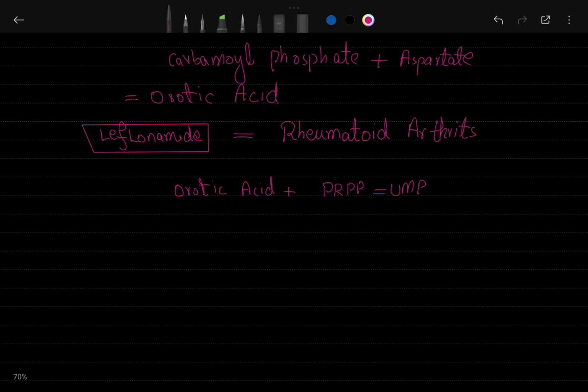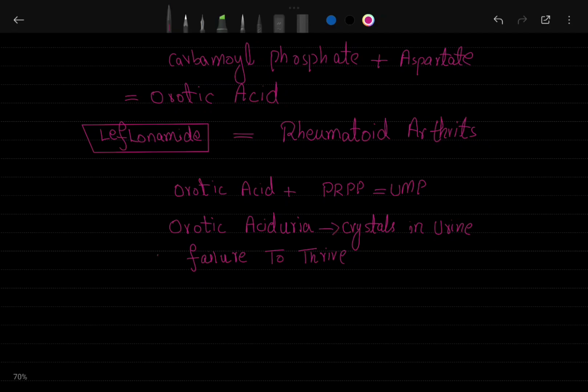If the enzyme UMP synthase is defective, orotic acid accumulates causing orotic aciduria, crystals in urine, and failure to thrive. Orotic aciduria causes crystals in urine and failure to thrive.